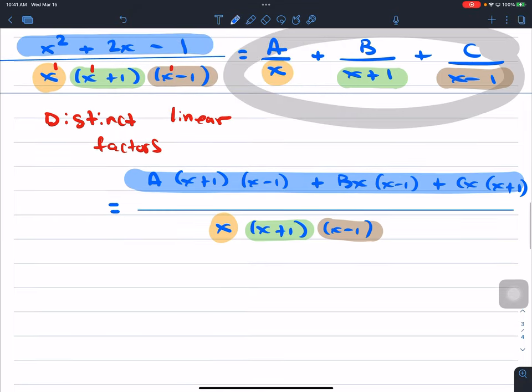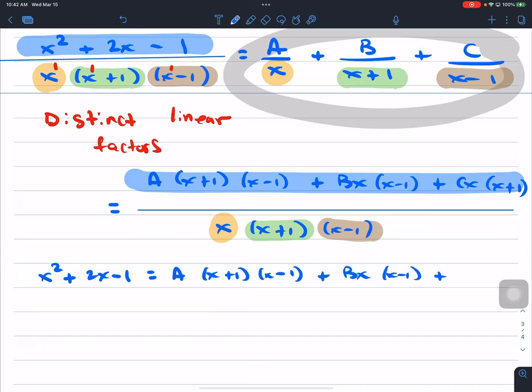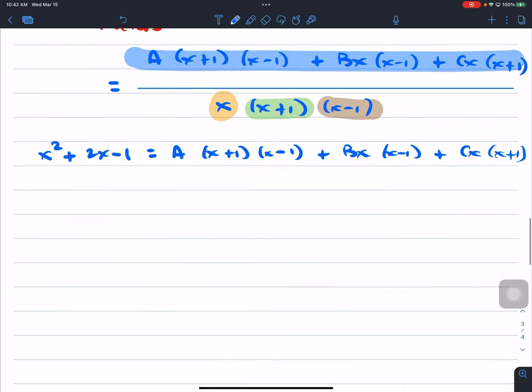So what that says is x squared plus 2x minus 1 is the same as a(x plus 1)(x minus 1), plus bx(x minus 1), plus cx(x plus 1).